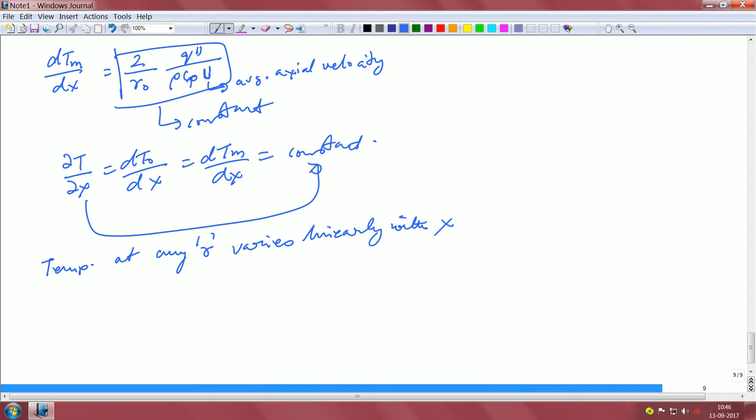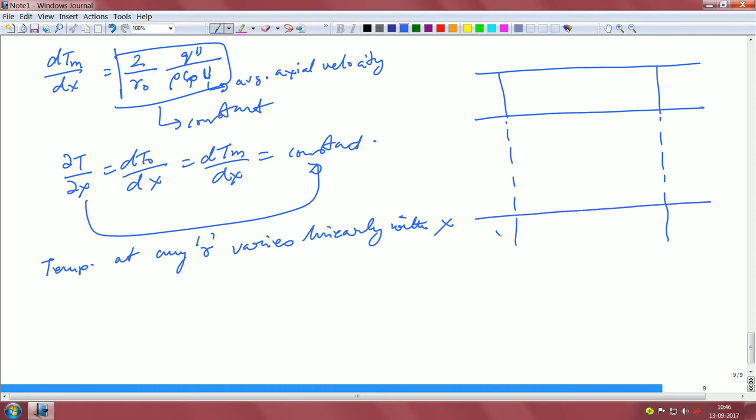Okay. So, let us take this is the tube. Let us take this is one section, this is another section, these are all in the fully developed regimes. Pull these things down, this is your x1, this is your x2, right. So, this is the full temperature profile, and the mean temperature will be somewhere here, right.